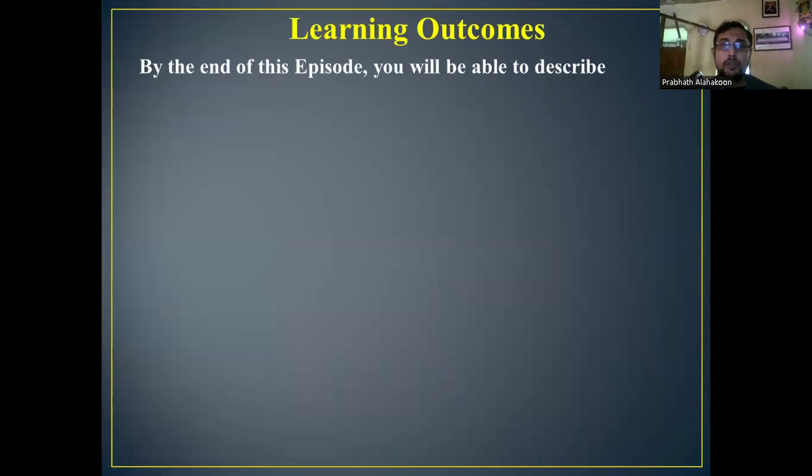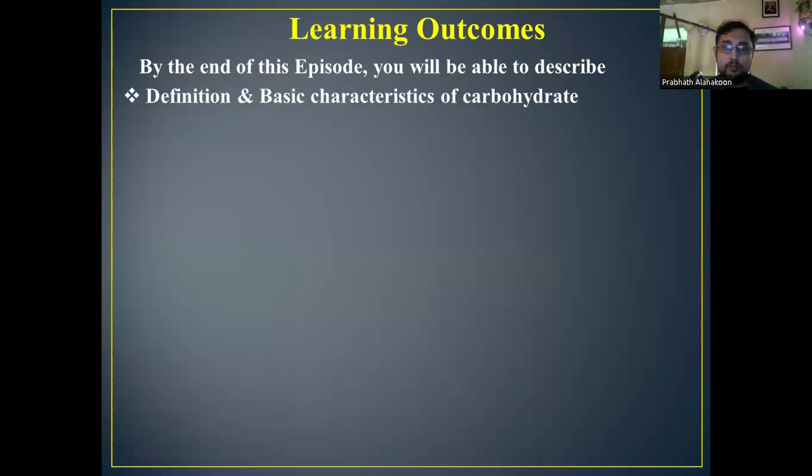Okay, now let's discuss the learning outcomes. By the end of this episode you will be able to describe the topics below. First is the definition and basic characteristics of carbohydrates.